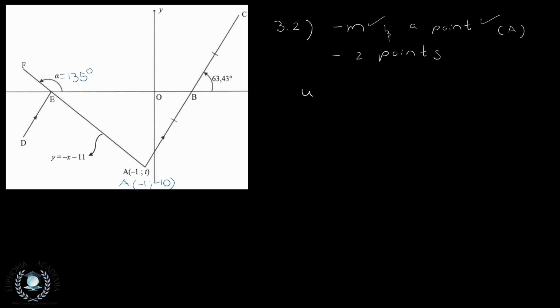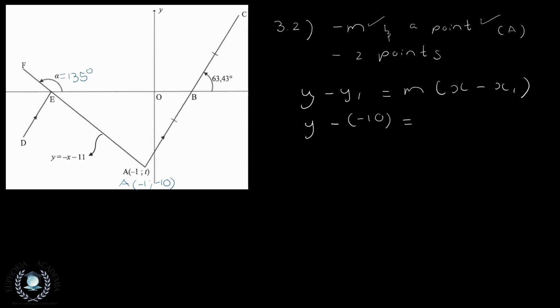Okay, so we're going to say y minus y1 is equal to m multiplied by x minus x1. We're still going to have the y, and then the y1, we said we're going to use the point A, and t is actually equal to minus 10, so we're just going to substitute minus 10, and we have the gradient.